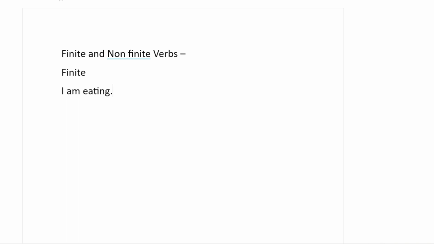Now, in this sentence, the subject is I, and that is why the verb is am. Suppose I replace I with he. The helping verb will change to is. Suppose I change the subject to he from I. Then the verb also changes.